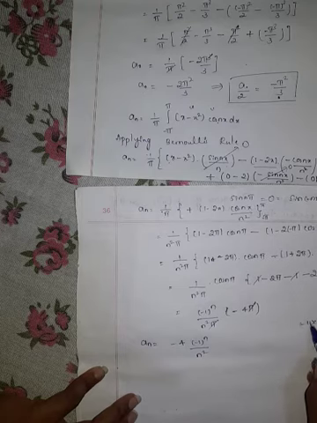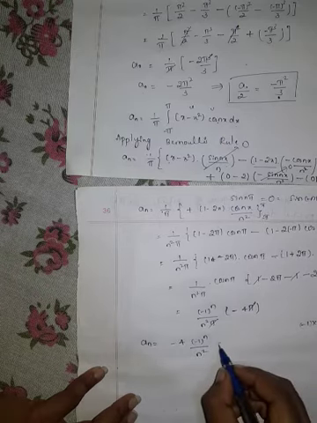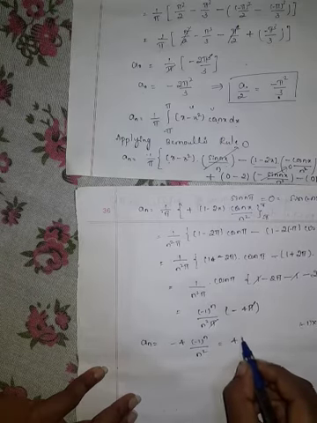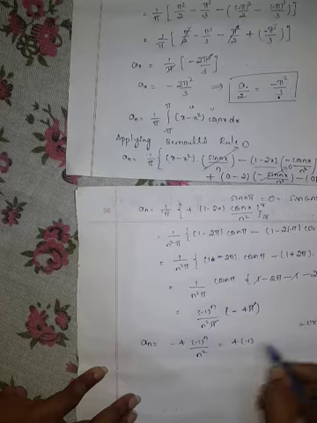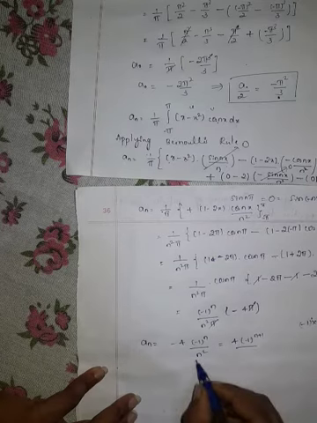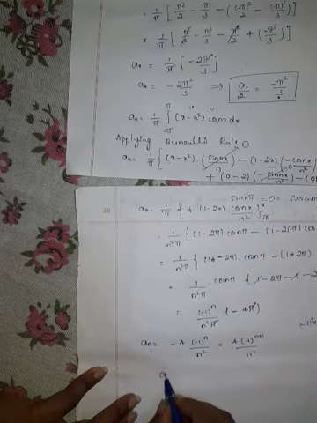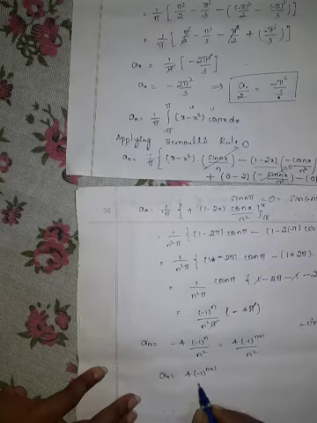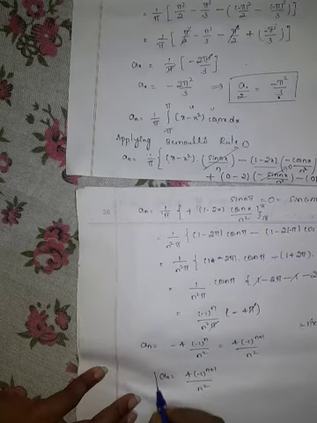If the bases are same, we can add the powers. So this can be done as 4 into minus 1 raised to n plus 1, divided by n square. So our an is nothing but 4 into minus 1 raised to n plus 1 divided by n square.